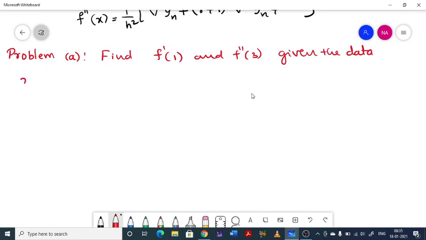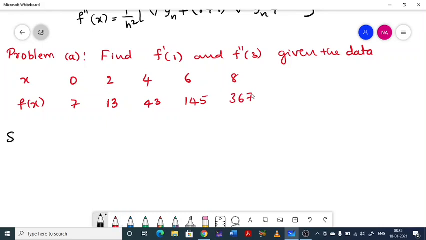So the values of x and f of x are given as: 0 corresponding to 7, 2 corresponding to 13, 4 corresponding to 43, 6 corresponding to 145, 8 corresponding to 367.